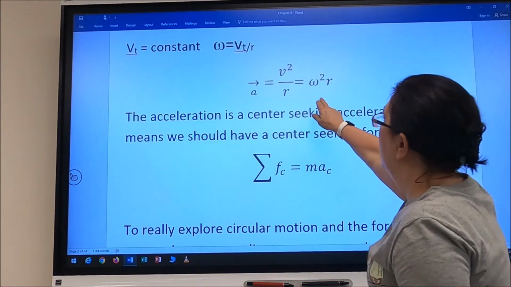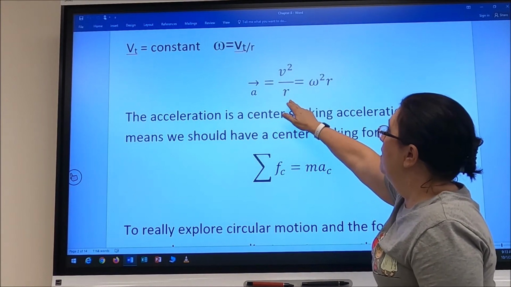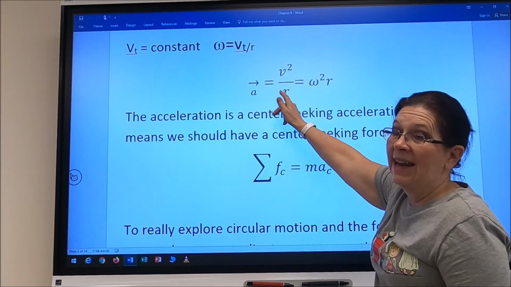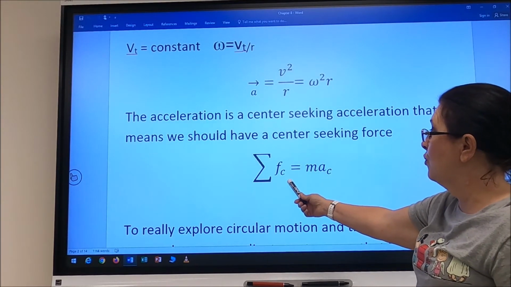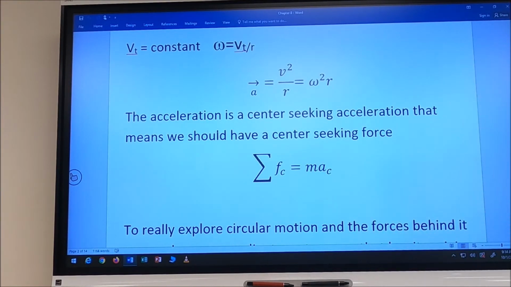Now when we're calculating like this, remember that what we're getting is the magnitude of the acceleration. The one thing we want to remember about centripetal acceleration is that it's center seeking. That means that it's always pointing in toward the center of the circular pathway. So we can say sum of the forces centripetally has to equal mass times acceleration centripetally.